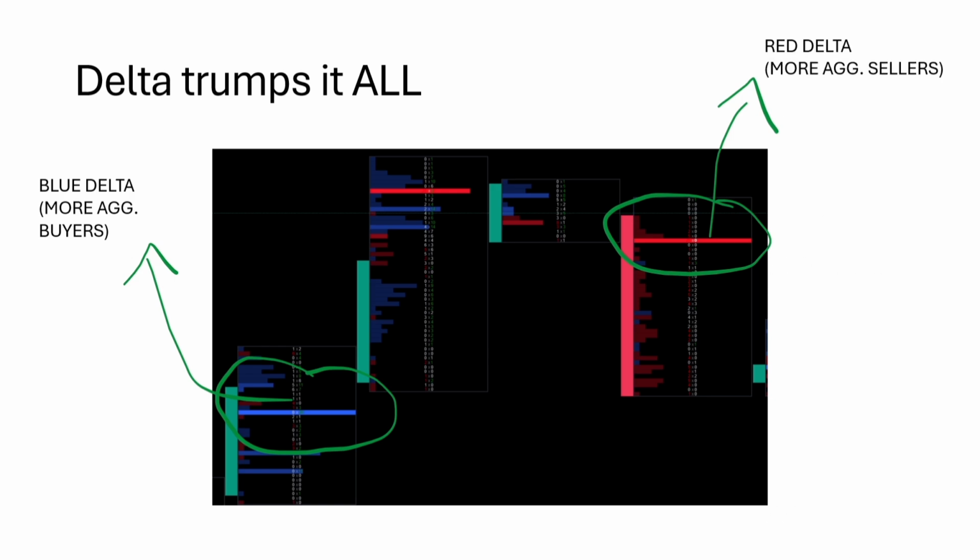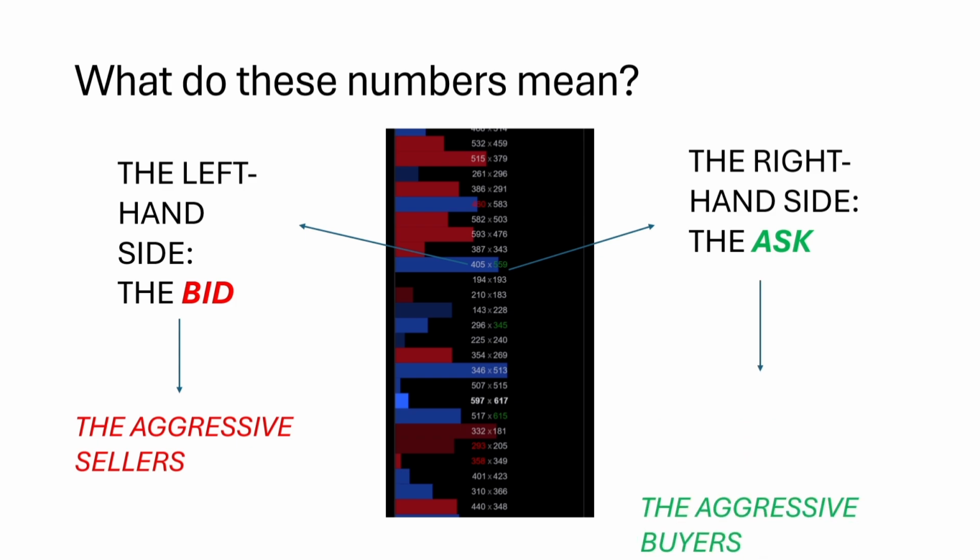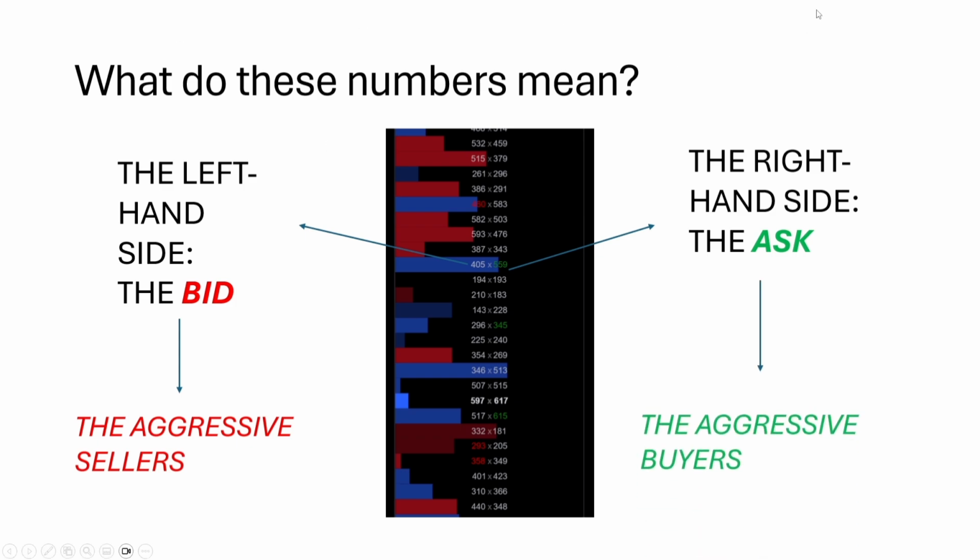Once you've got the delta, you understand that there are two types of delta. Red delta, again, is the opposite. There are more aggressive sellers, and that's what's going on. If we go back to our chart over here, let me give you another example. If we take a look up here at the top, it says 515 for 379, right? 515 is the bid. 379 is the ask.